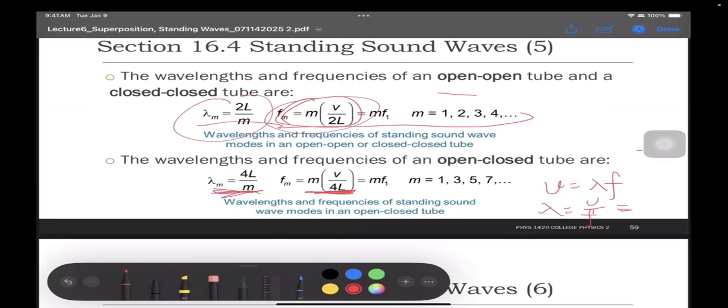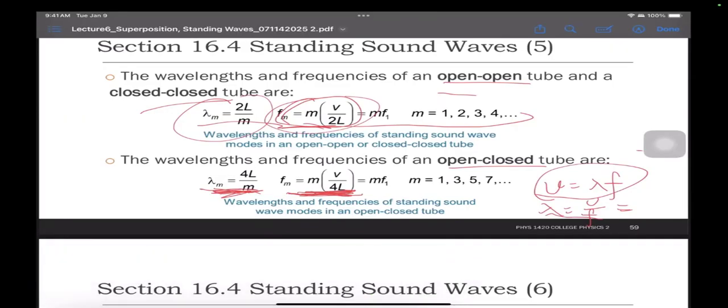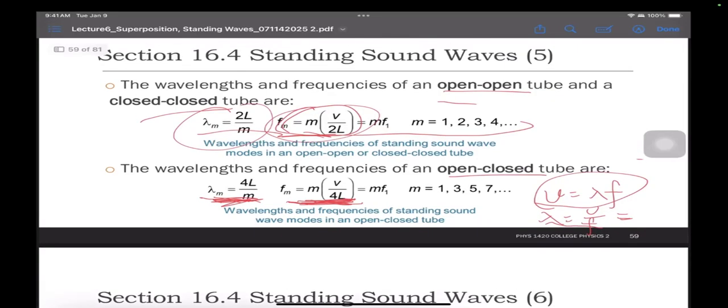Doesn't make sense, because the frequency is half compared with the open tab and closed tab. So which is the frequency for the open-closed tab, and then according to this equation, we can get lambda equals 4L divided by m. Does it make sense to you? Yeah, okay, this is a little different.